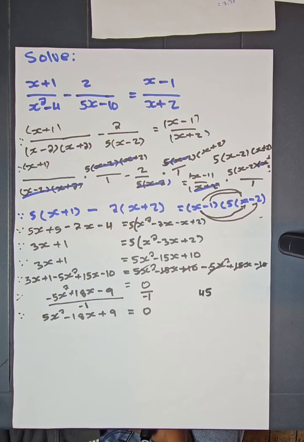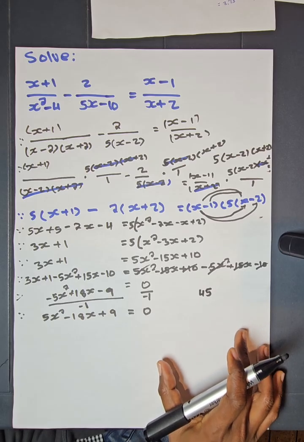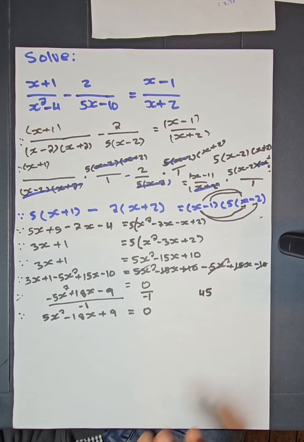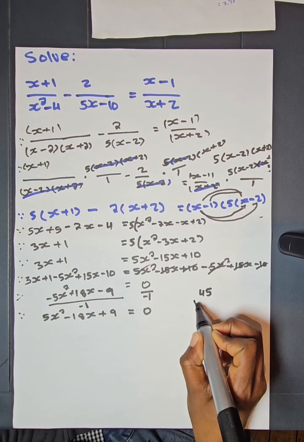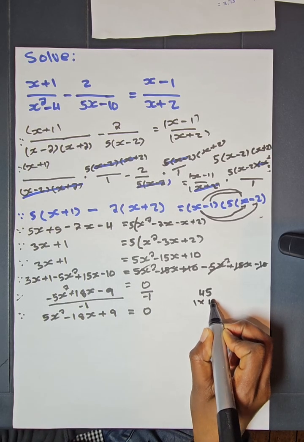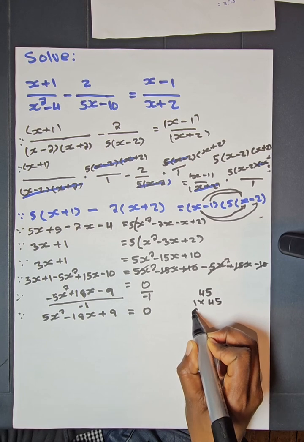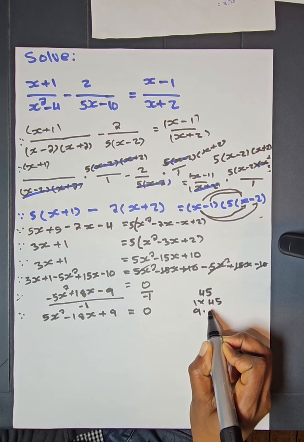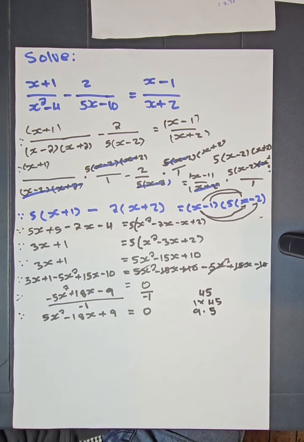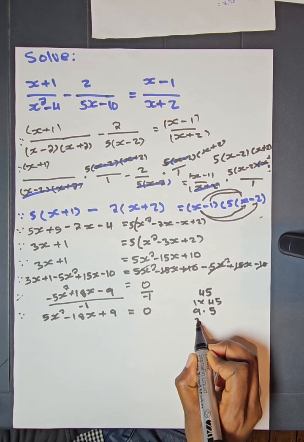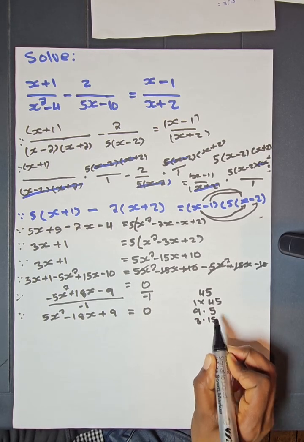Well done. Now, we need to find the factors of 45. The factors of 45 can be 1 times 45, 9 times 5, and also 3 times 15.